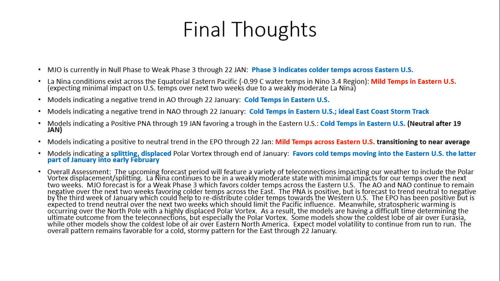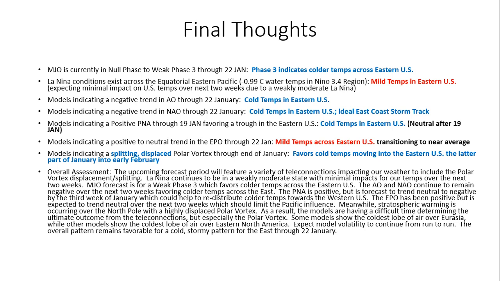So that's something to keep an eye on. Very rarely do you have the whole United States dominated by below normal temperatures. The Eastern Pacific Oscillation, EPO, has been positive, but is expected to trend neutral over the next 2 weeks, which should limit the Pacific influence, okay?